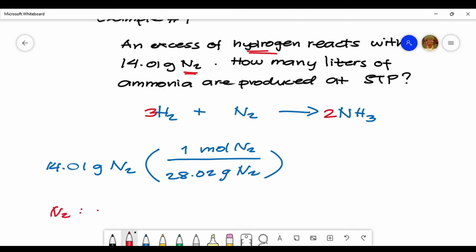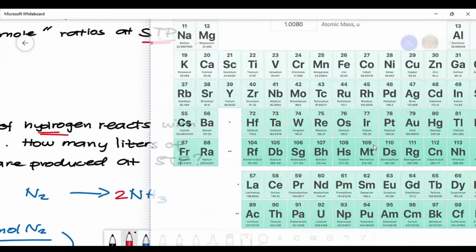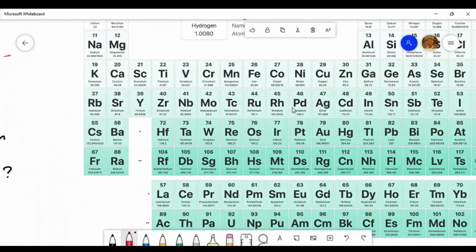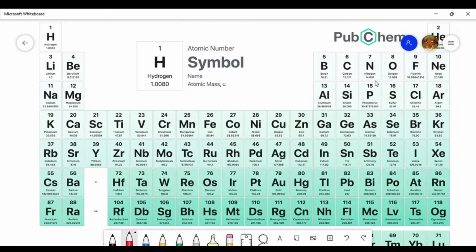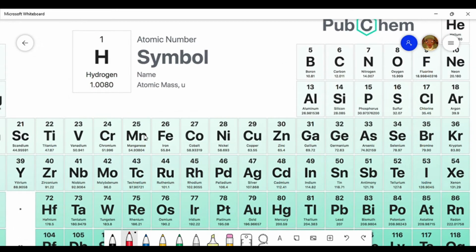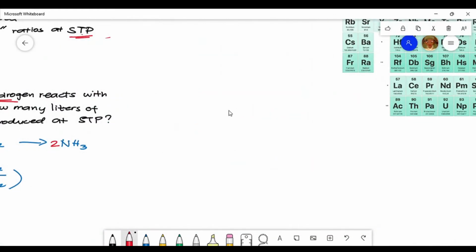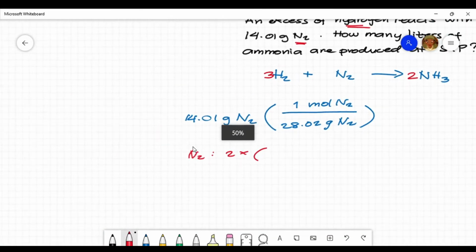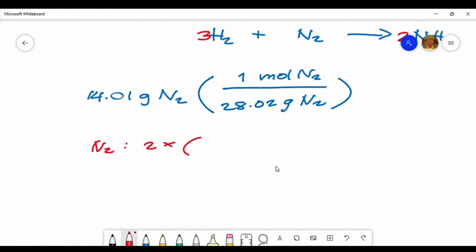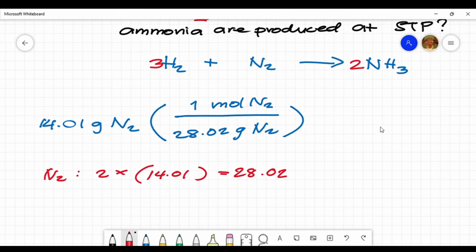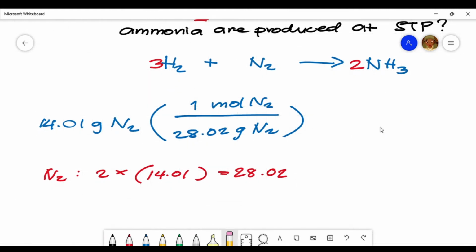The molar mass is 2 times its atomic mass from your periodic table. If you check your periodic table, nitrogen has a 14.01 atomic mass, so we have 14.01, then we have 28.02. So we solve for the molar mass of nitrogen gas.